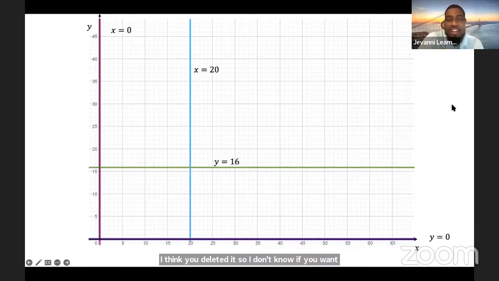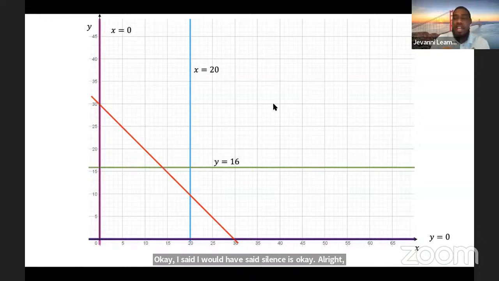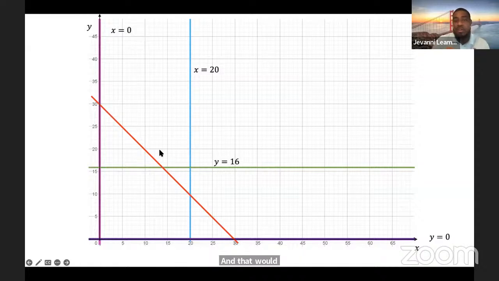But do we all agree on the points, the coordinates that we have so far? Okay, I would say silence is okay. All right, so that is what I would have had. And what would this line represent? The red line. What equation would that represent?